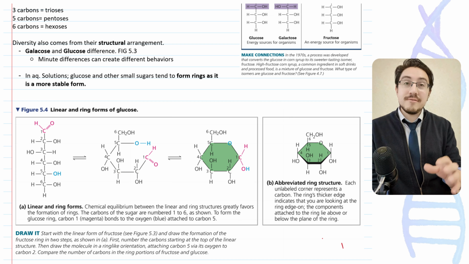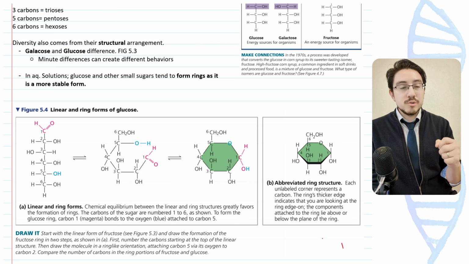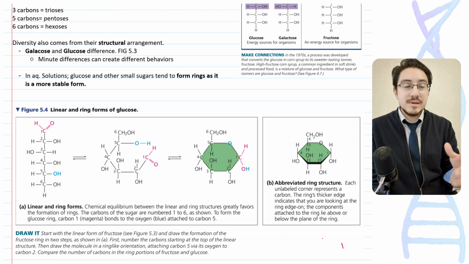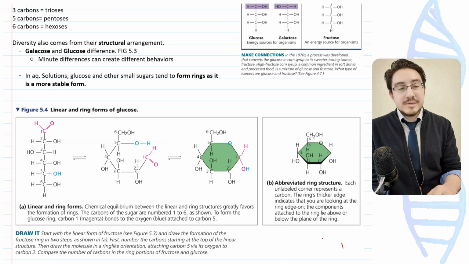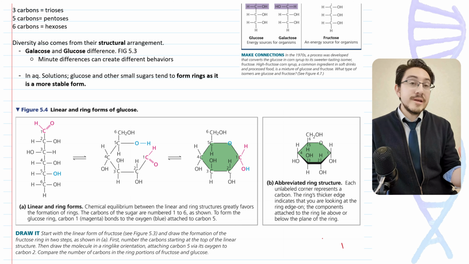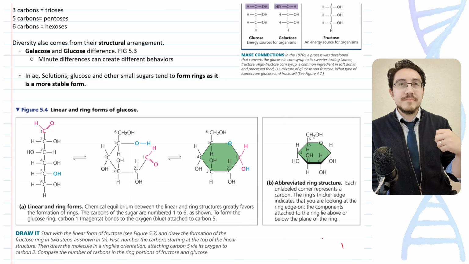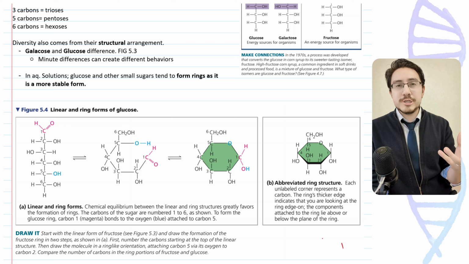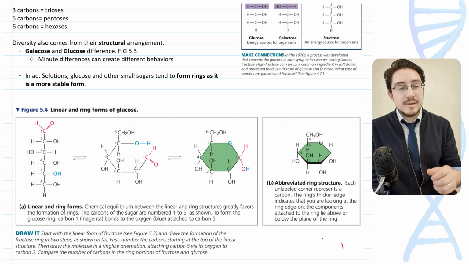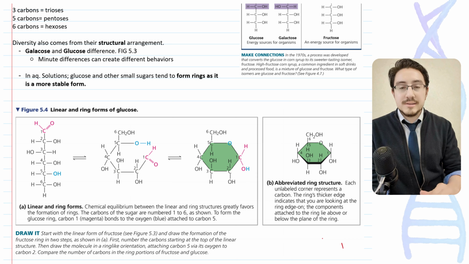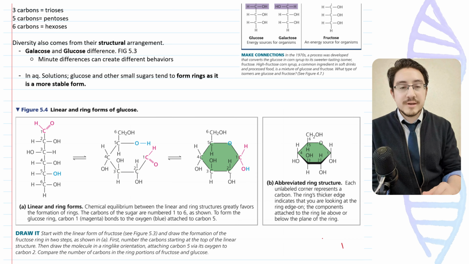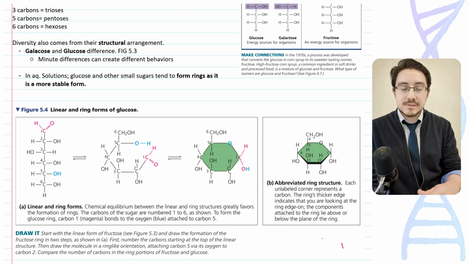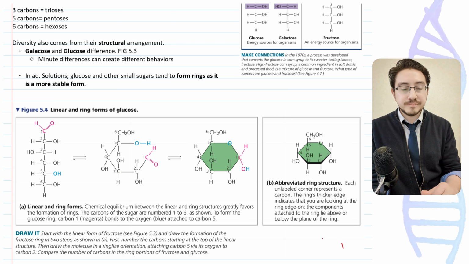There is also diversity. You can get structural arrangements where you have structural isomers. Even though they have identical chemical formulas, they might have different functions just because of their structure. So just to take a look back at the figures here: again, you have aldoses and ketoses.